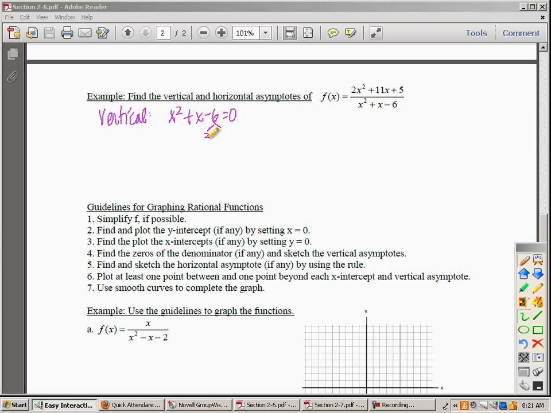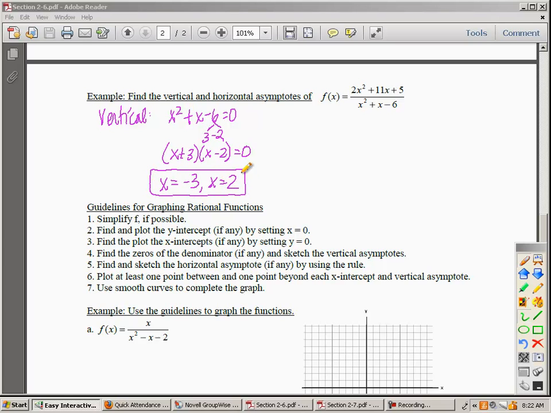While 6 is 3 and 2, in order for it to be a positive 1, the 2 would have to be negative. So I have an x plus 3 and an x minus 2 in factored form, which tells me my two asymptotes are at negative 3 and positive 2. You need these equations. Because it's a vertical line, x equals negative 3 and x equals positive 2.